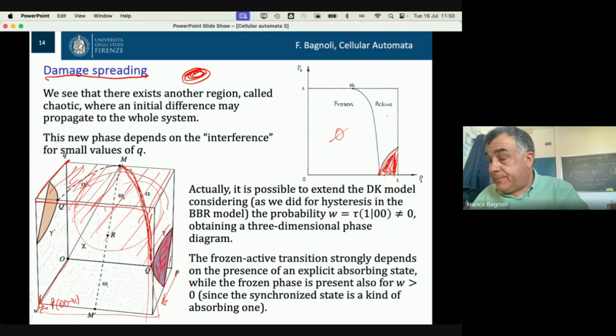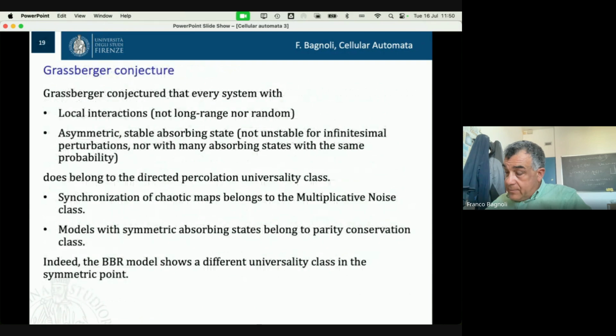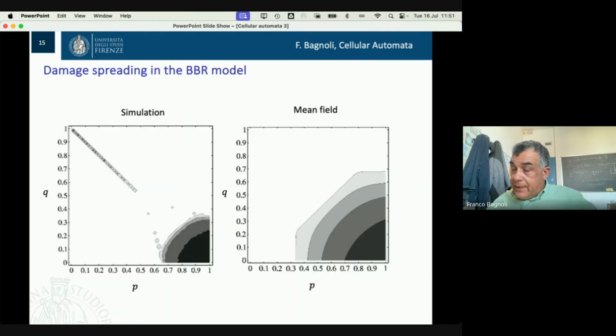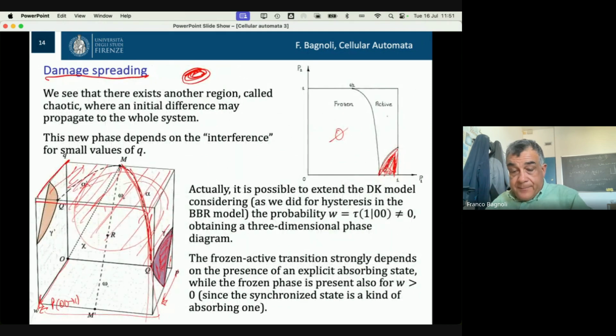Another thing to be careful about, as we shall see probably in the following, is that the implementation, for instance, of the Domany-Kinzel model is written in this way: you write x prime equal to tau, so you extract a random number, you compare it with some probability p times the configuration x minus XOR x plus.